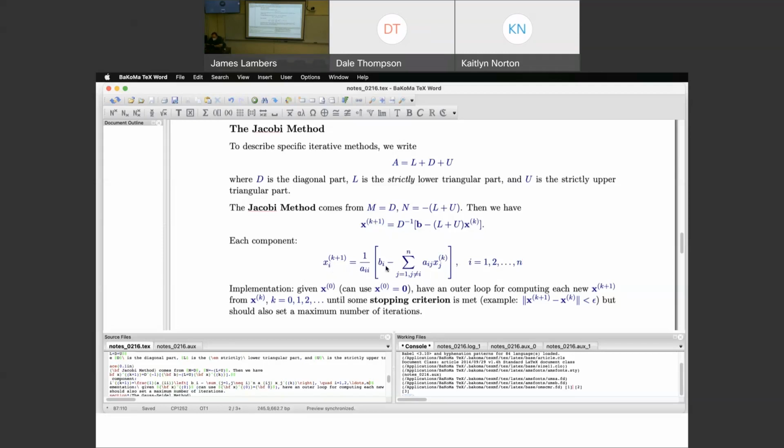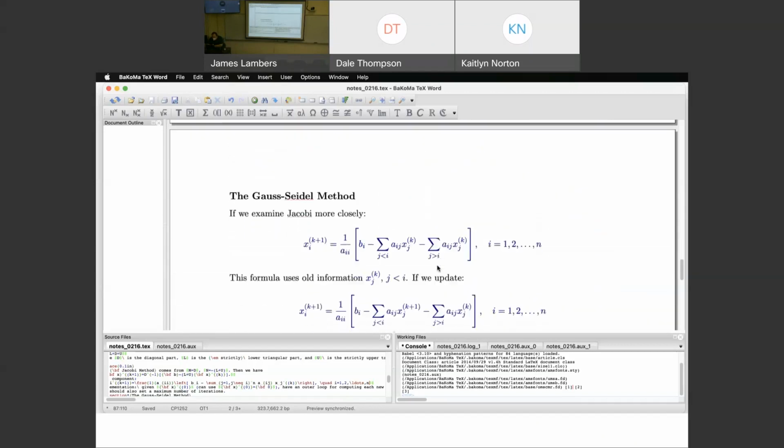Let's say we're solving a 100 by 100 system, and here we're down to component 50, so i equals 50. That means we've already computed components 1 through 49 of the new x_{k+1}. But then we compute this sum, and when j is going from 1 to 49, we're using the old x values, when we already have the new ones. So this sum is not using the most up-to-date information we have about x. So what if we were to do that?